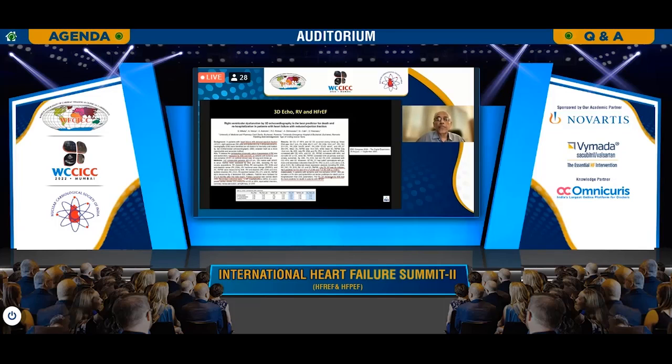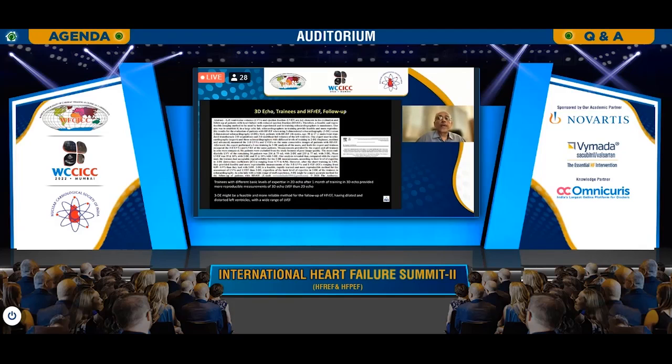So very clear message here. It is the best predictor for death in patients with heart failure with reduced ejection fraction. This is the comparison of the R value, modest, but still much, much better compared to the other traditional values. A look at how we can use 3D in terms of follow-up.